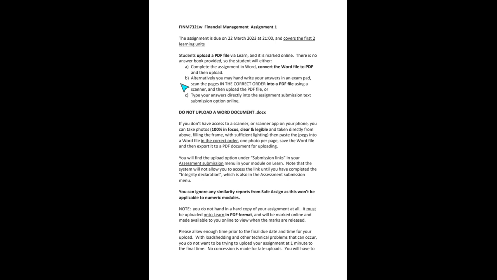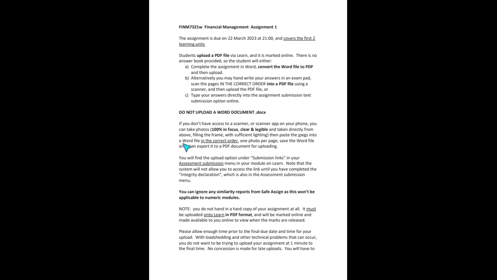Remember, if you can't read the scan, then I'm not going to be able to read it either. So don't lose marks. If I can't read it, I can't mark it. Then the third option is that in the option where you go to upload your assignment, there is an option to type the assignment directly into a document on Learn, so you can use that option, but that might be a little bit tricky. So preferably that would be your last resort.